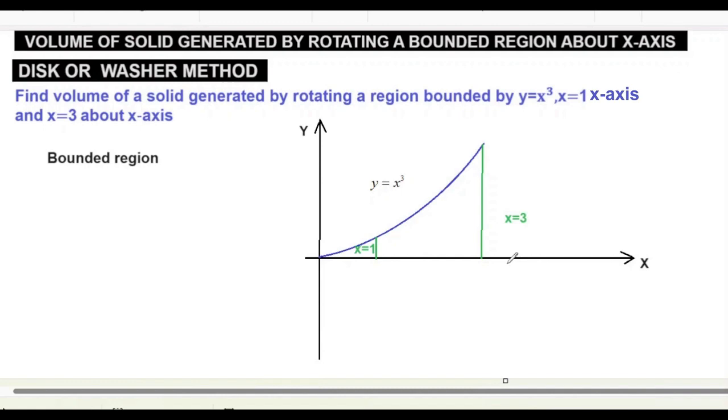Whenever we want to find out how the solid is formed while rotating a region about an axis or any line, always take the image of this region about the line of rotation. So first we are going to take the image of the curve y is equal to x cube about our line of rotation, that is the x-axis. So this is the image of y is equal to x cube.